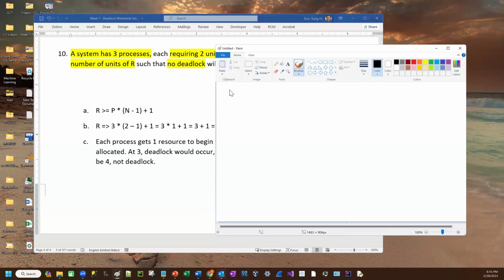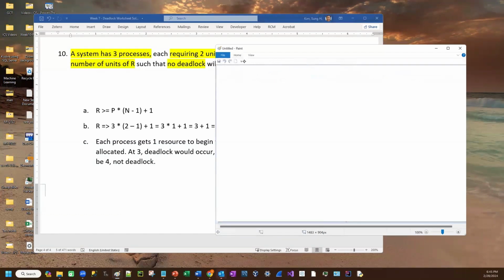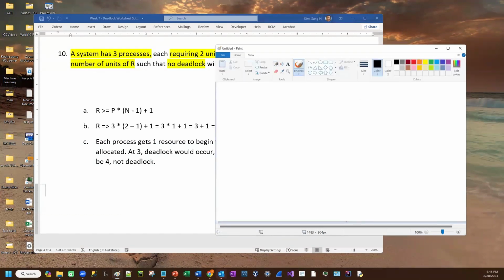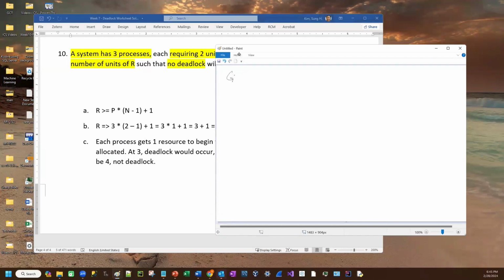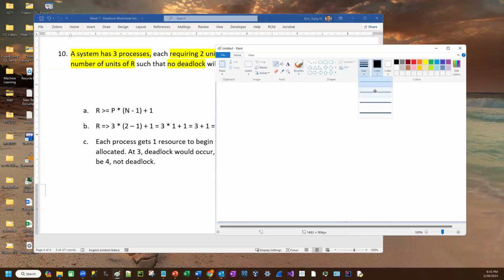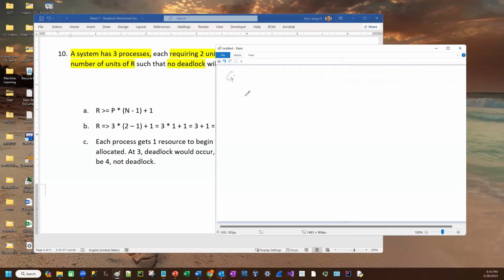So given a number of processes, and the resources each process needs, that's what they give.